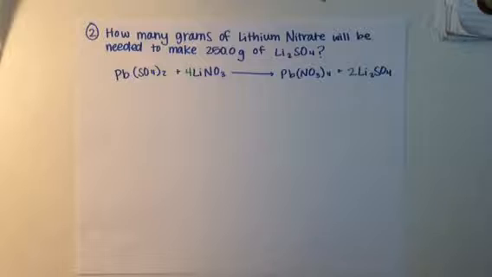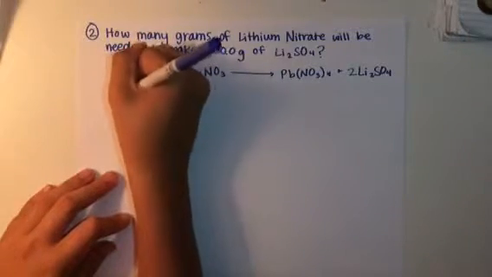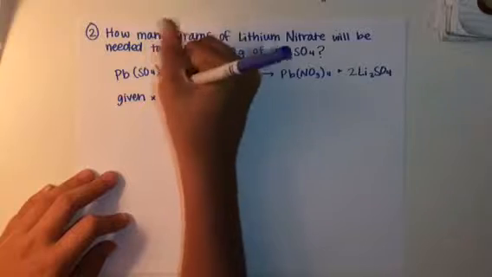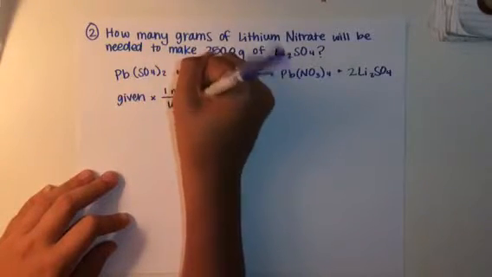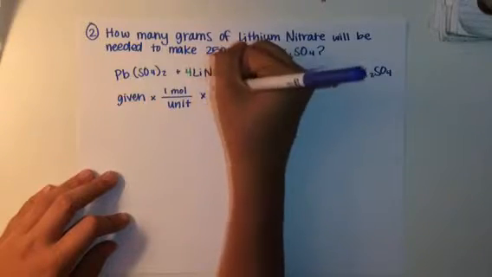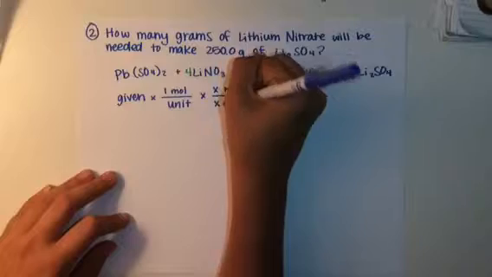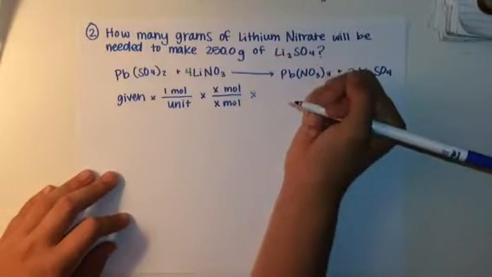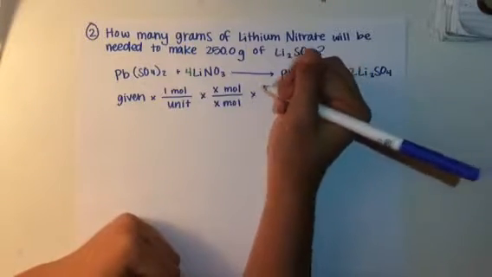So remember, in order to solve this problem, we have to follow the steps. So we gotta start with the given, multiply it by 1 mole over the units given, multiply that by x moles over x moles, representing the mole ratio between the two mixtures, my bad.